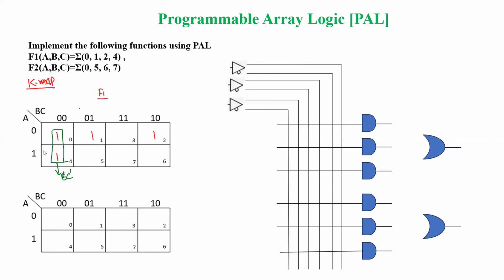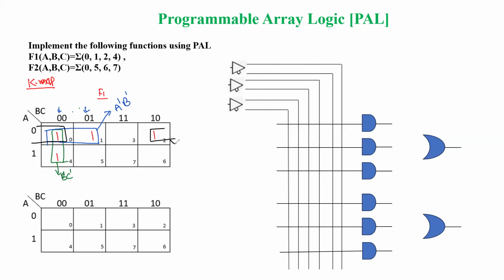Similarly, we take another combination: the pair of min terms 0 and 1. Row wise the common is A dash, and column wise the common is B dash, so we have the product term A dash B dash. One more min term, 2, is uncovered, so we make a pair with min terms 0 and 2.